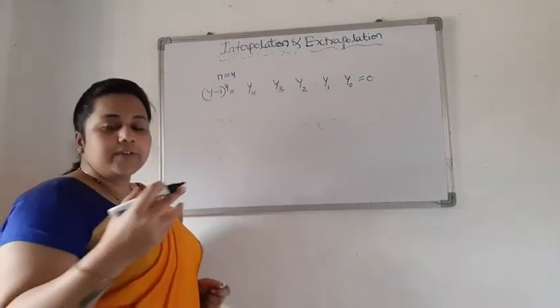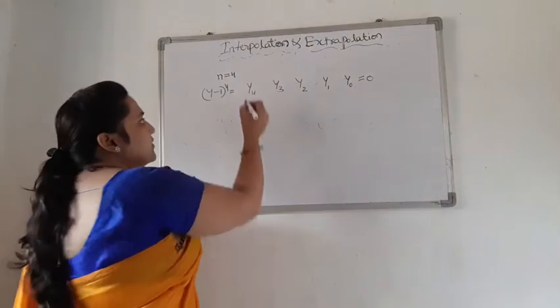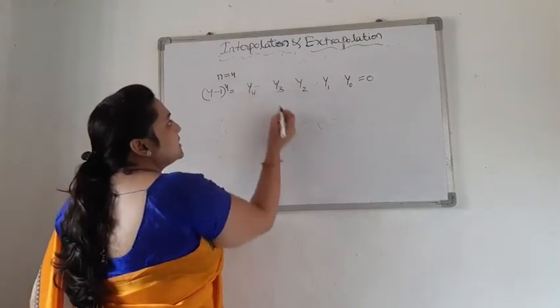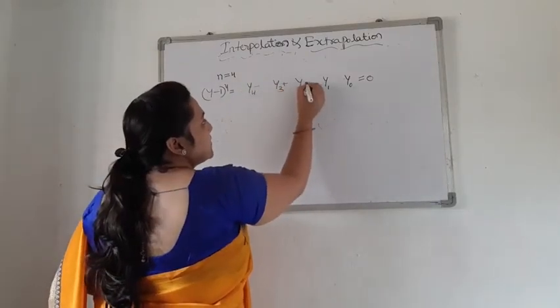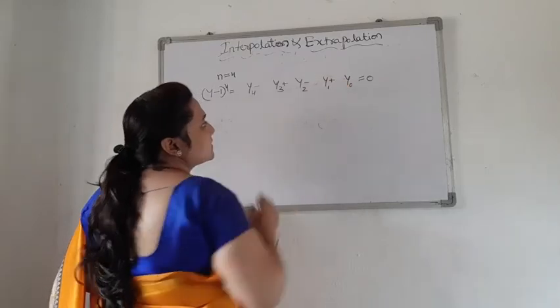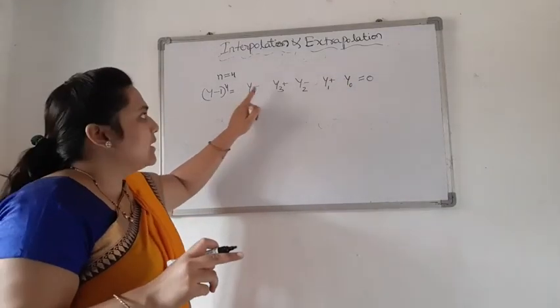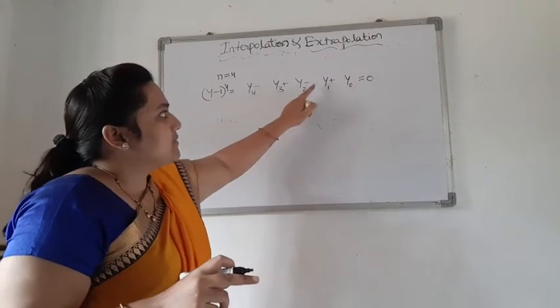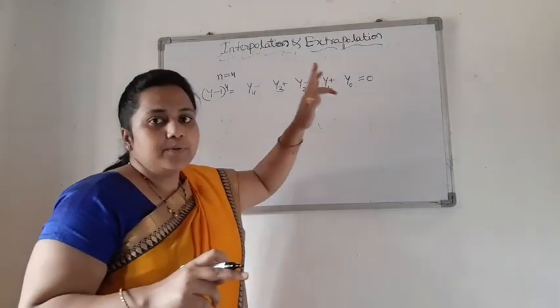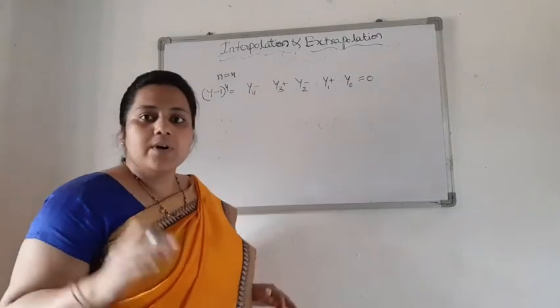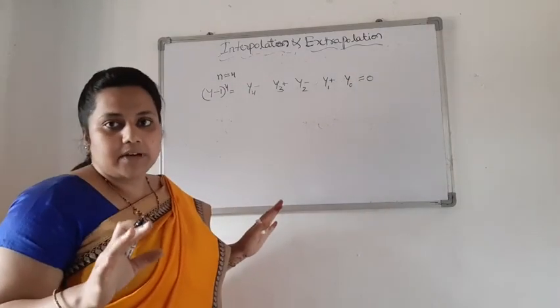Then next we have to assign signs: plus, minus, plus, minus, plus. The first term is always plus, then minus, then plus, minus, plus, up to y0. We have assigned the signs.